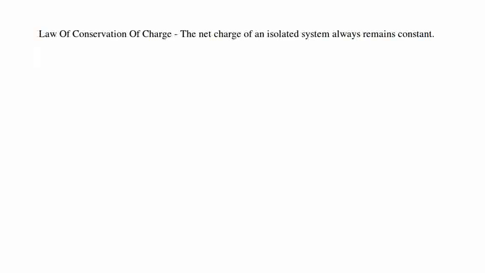Does that violate the law of conservation of charge? No, because if you add up the amount of positive charge to the amount of negative charge, remember you'll have numbers with opposite signs, they'll add up to 0. Okay, so you had 0 coulombs before, you still have 0 coulombs after you mix the salt and the water.